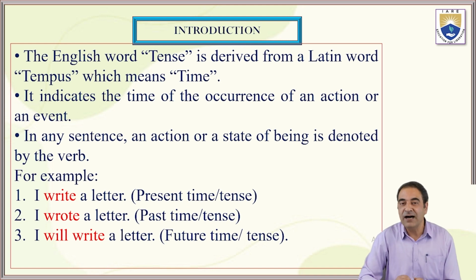And when I say I will write a letter, will write means something which I will do in future. Therefore, to understand tenses, you need to understand the importance of verbs. Actually, it is the different forms of verbs that show the time of an action in tenses.